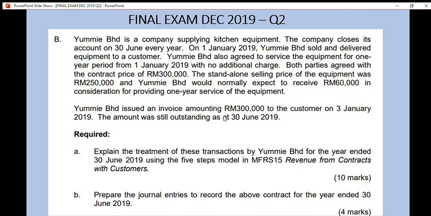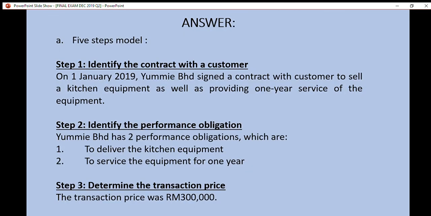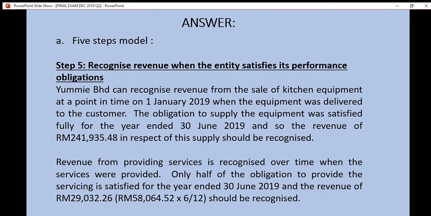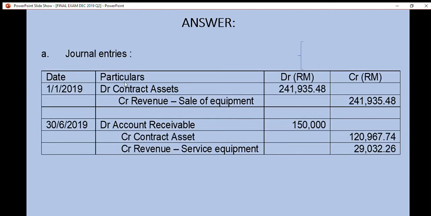So at the year ended 30th June 2019, the seller has not yet received any payment from the customer. That's why we have to debit contract asset.